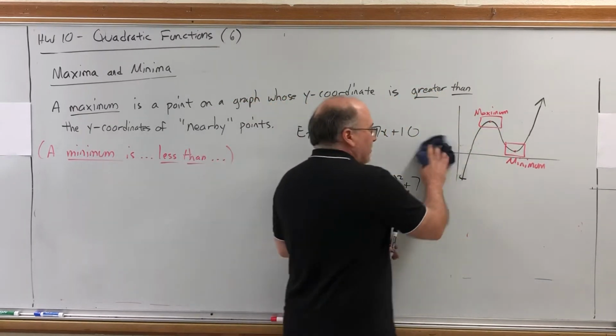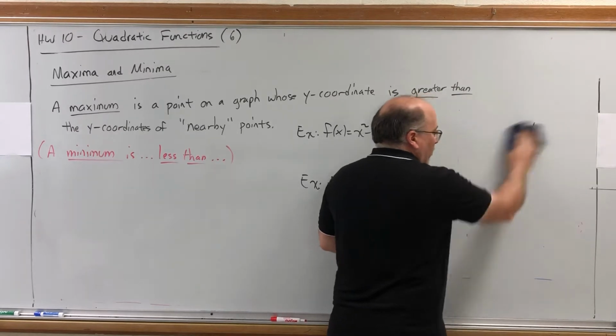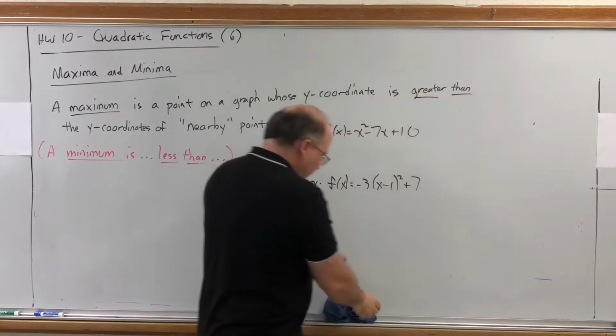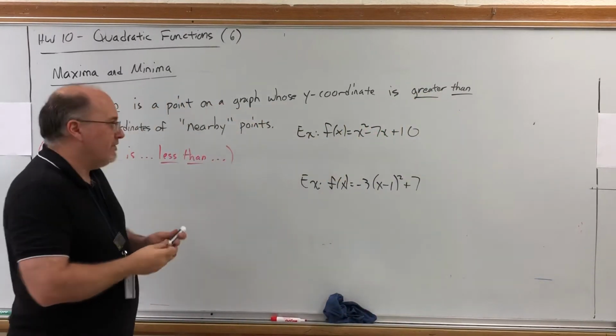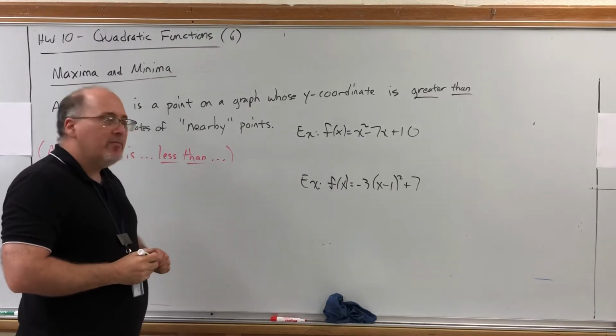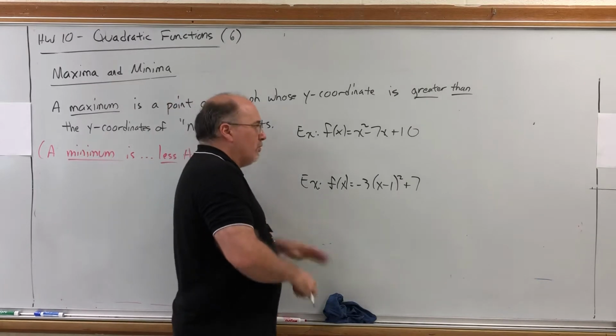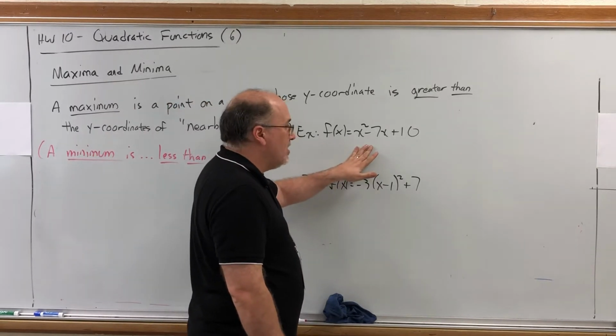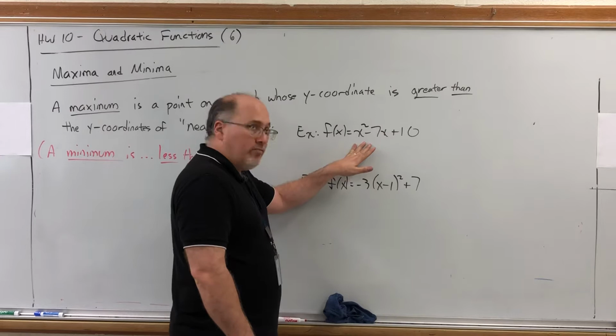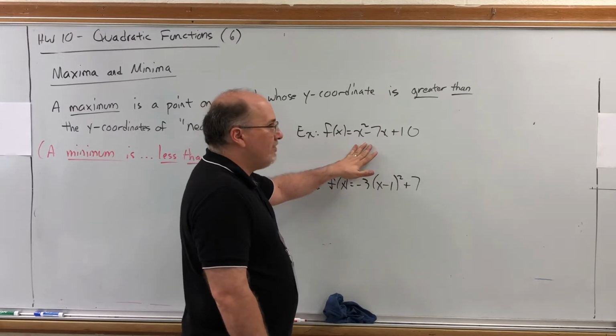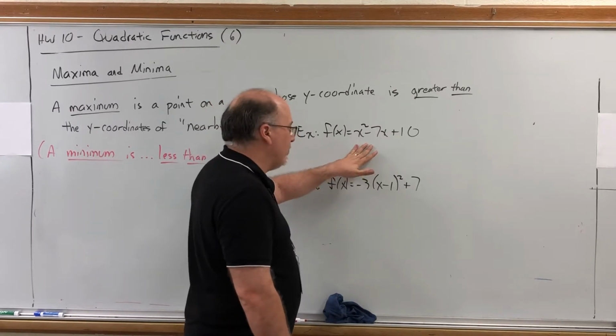So what does the concept of a maximum and a minimum have to do with quadratic functions? Well, the vertex of a quadratic function must be a maximum or a minimum, depending upon which direction the parabola opens. For example, we already calculated the vertex of this parabola. It was (7/2, -9/4).